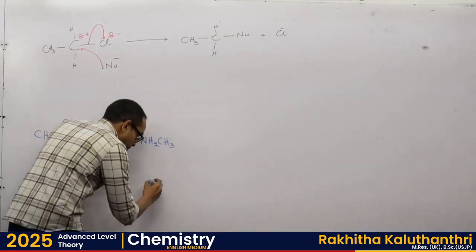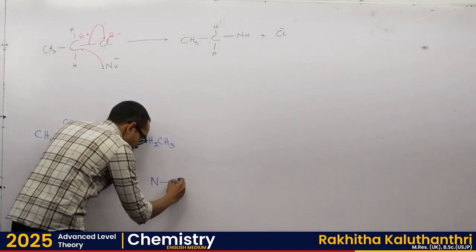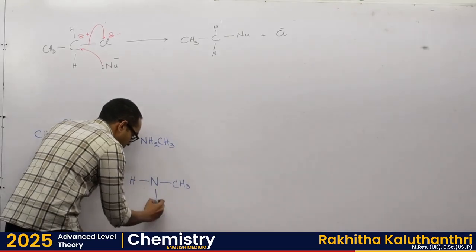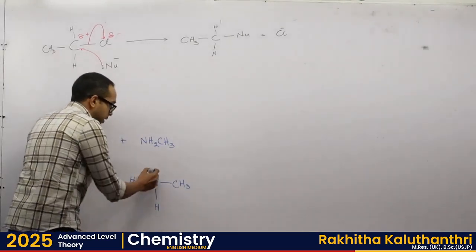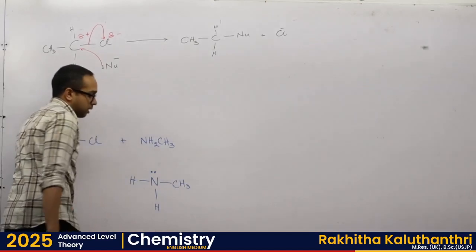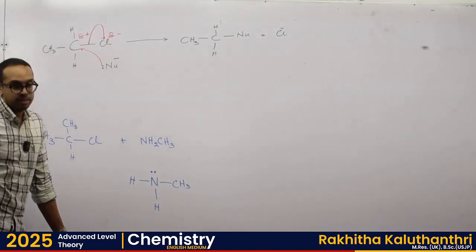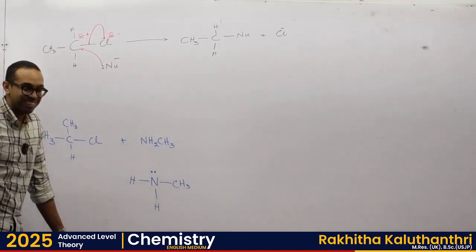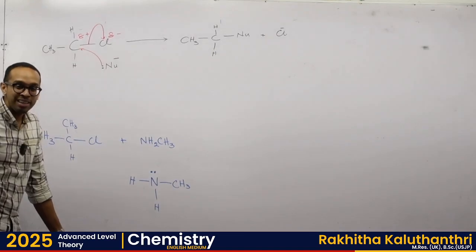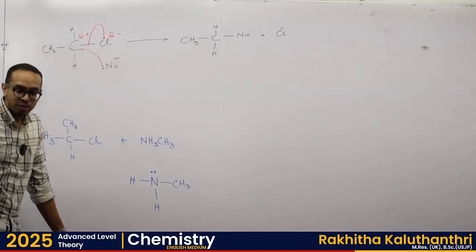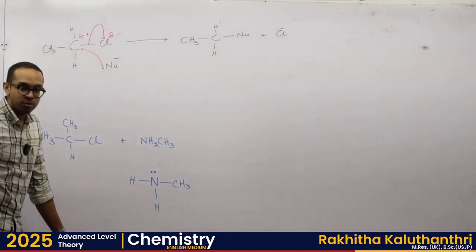But if you write the structure of this molecule, you will have your answer to whether it's a nucleophile. It has a lone pair. Nitrogen bearing a lone pair usually acts as a nucleophile. Is that clear? Nitrogen bearing a lone pair usually acts as a nucleophile.